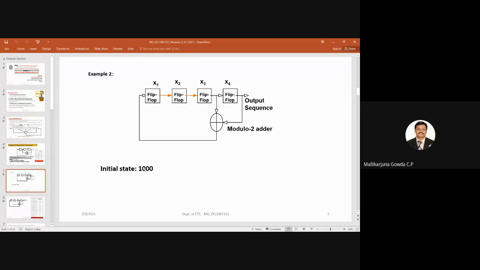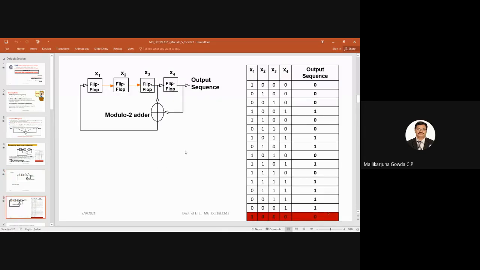And with this initial state, 1 triple 0, this is the sequence. Whatever is in X4 will appear as the output sequence because I'm taking the output at flip-flop 4.